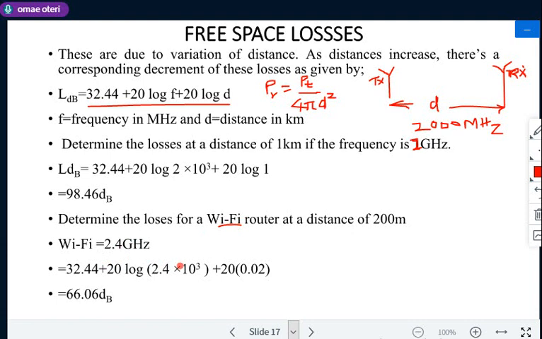So introduce the frequency in the F variable here. Then you also bring in 20 log 0.02 because you need to convert this to kilometers. We said distance is in kilometers, frequency is in terms of megahertz. And if you use your calculator, you'll be able to get 66.06 dB. Please confirm that.